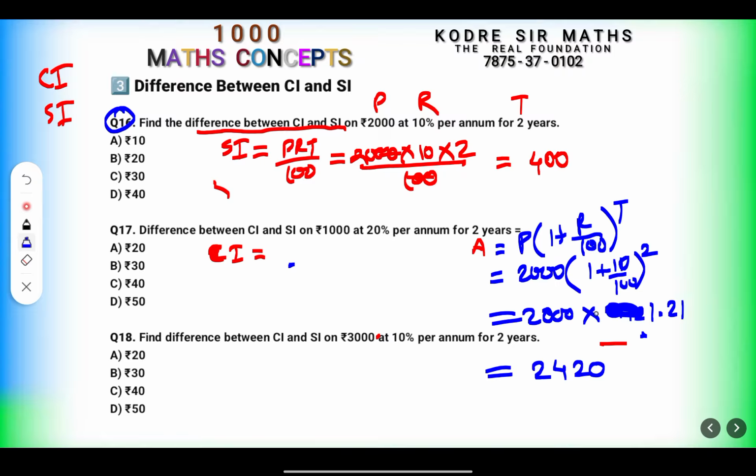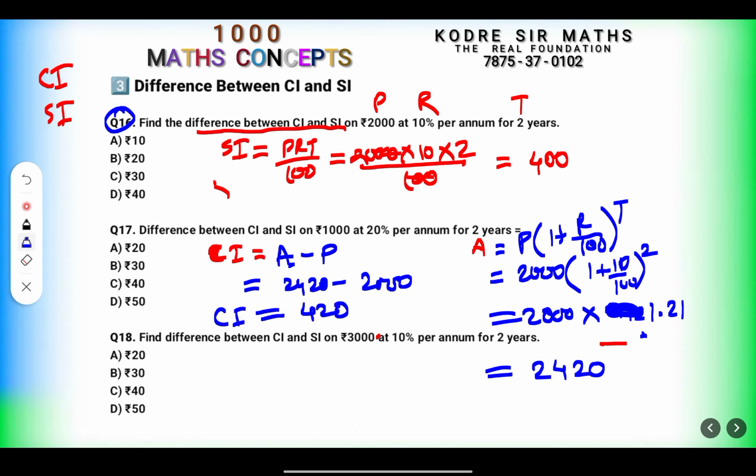Right, check the calculations once. Okay, 2420. So this is the amount. Okay, now you have to find the compound interest. Compound interest can be found by amount minus principal. 2420 minus principal, which is 2000. So 420 is the compound interest.